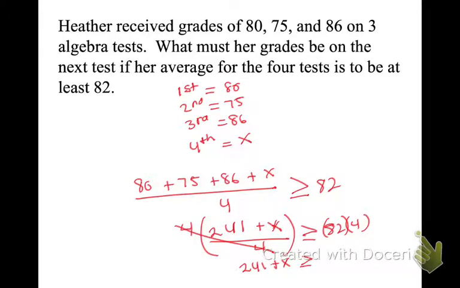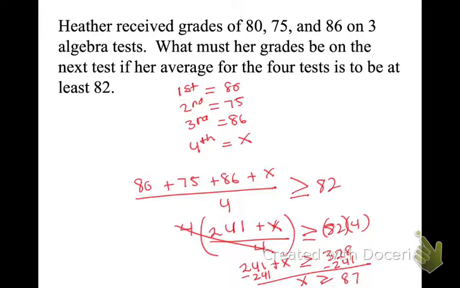oh dear, 82 times 4 is 328. So we're subtracting 241, and we get X is greater than or equal to 87.